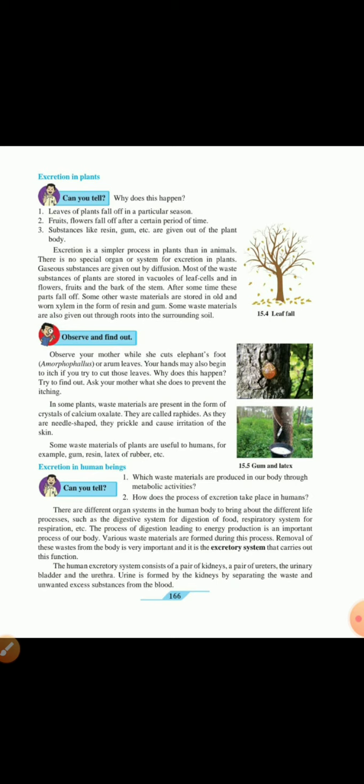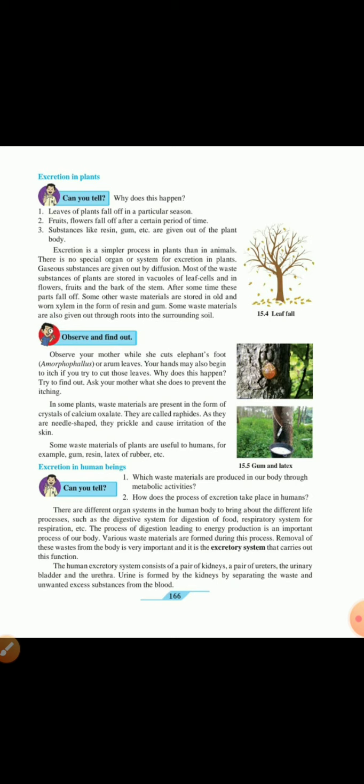Now observe and find out. Observe your mother while she cuts elephant's foot. This vegetable your mother must be bringing at home sometimes. It's called Amorphophallus. Okay, elephant's foot is called Amorphophallus and arum leaves are different. Arum is those aruchi pana which we call.